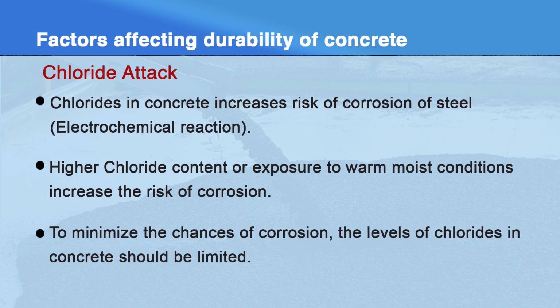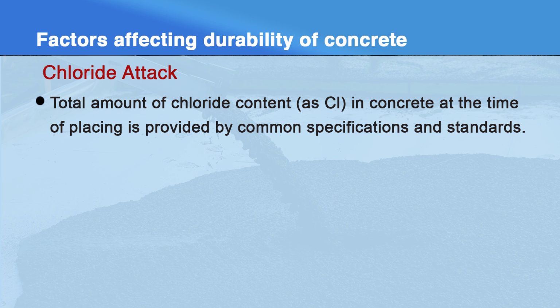To minimize the chances of corrosion, the levels of chlorides in concrete should be limited. The total amount of chloride content as Cl in concrete at the time of placing is provided by common specifications and standards.